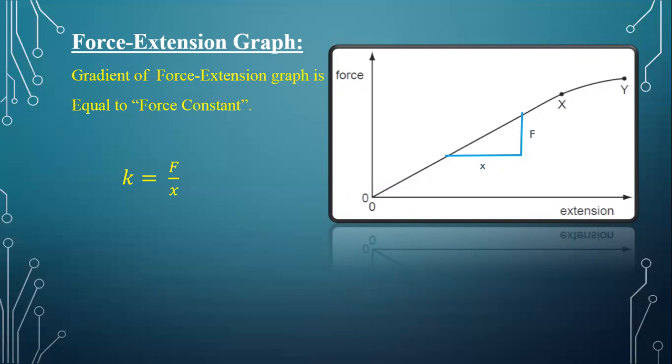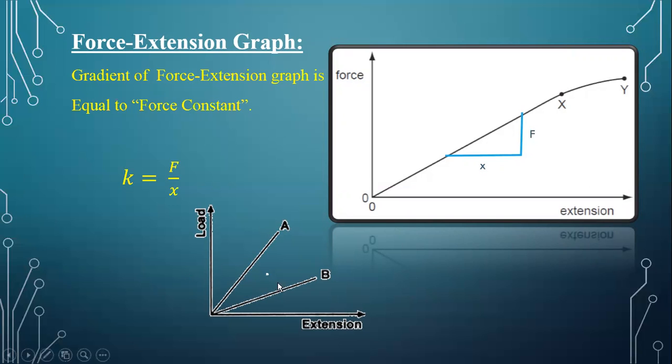With the help of this force extension graph, we can also compare the value of K for different materials, as in this example. There are two straight lines, A and B, for two different substances, between force and extension. By comparing both lines, we can say that in material B there is a large extension but the applied force is smaller.